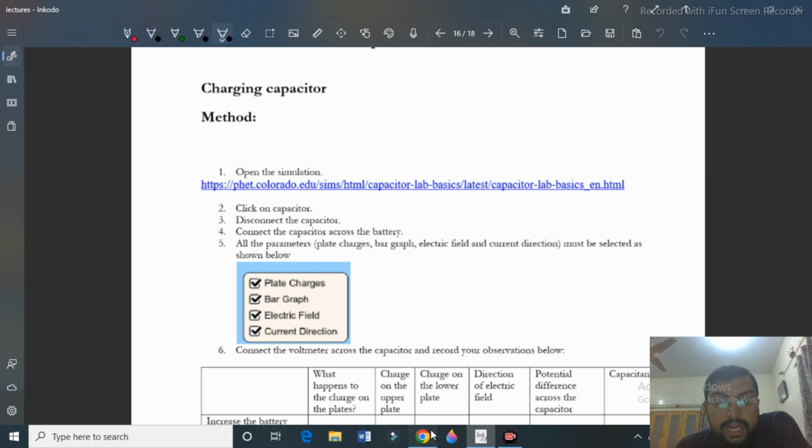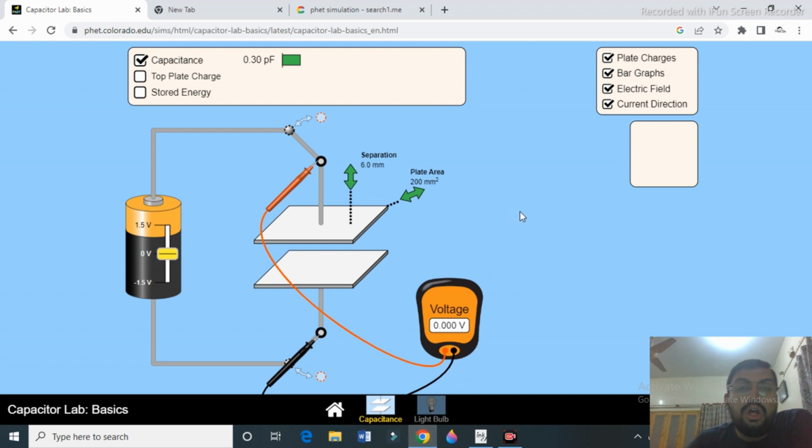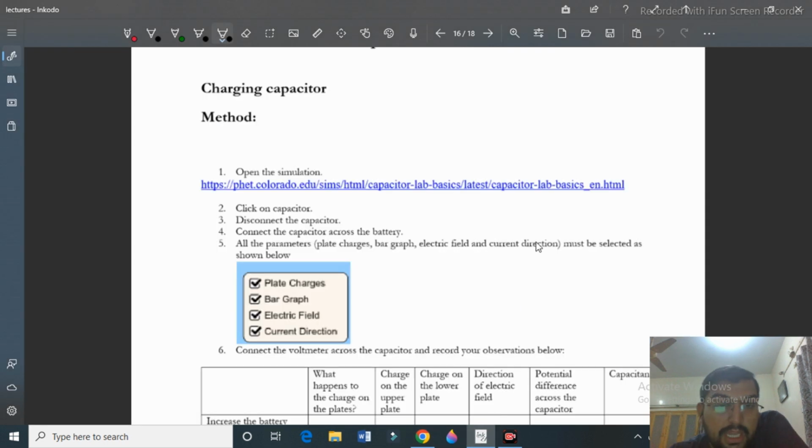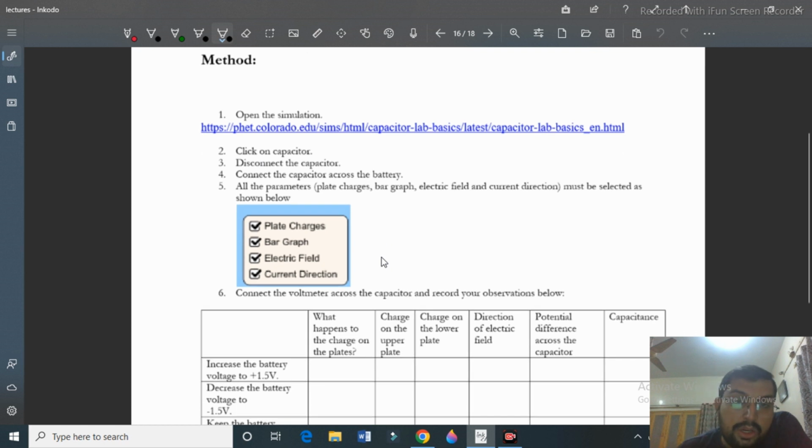I have already opened this simulation in my browser, and you can see that it contains the simplest parallel plate capacitor and a battery, along with all the checkboxes mentioned in this simulation. You can see, connect the capacitor across the battery.